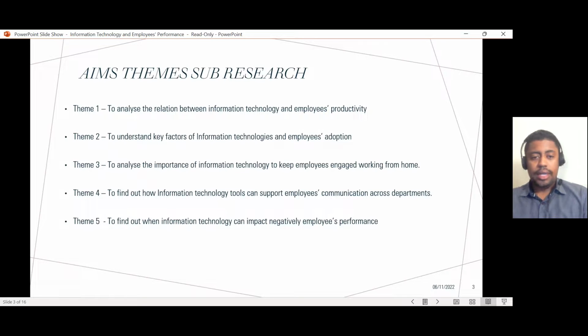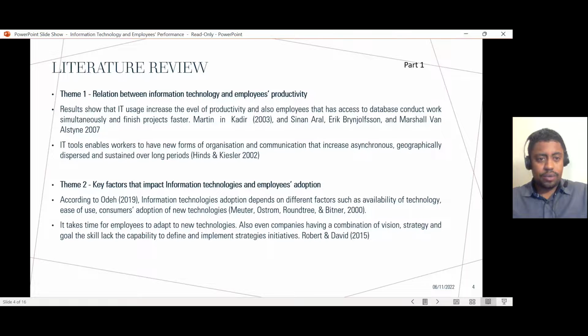So let's go to the literature review. For theme one, the literature review shows that IT use increases the level of productivity, and employees that have access to the database conduct the work simultaneously and finish projects faster.